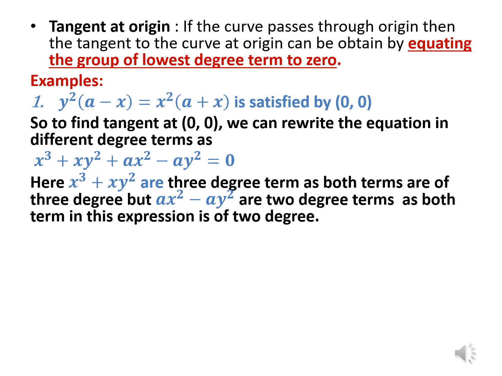Okay, so if we talk about 3 degree terms, x cube and xy square both are 3 degree terms. So x cube plus xy square are 3 degree terms because both terms are of degree 3. Similarly, ax square minus ay square are 2 degree terms as both terms in this expression are of degree 2.